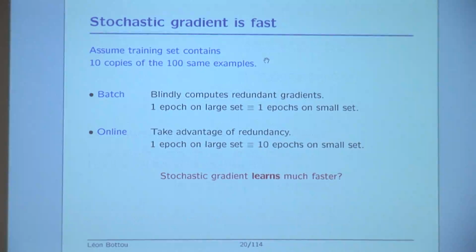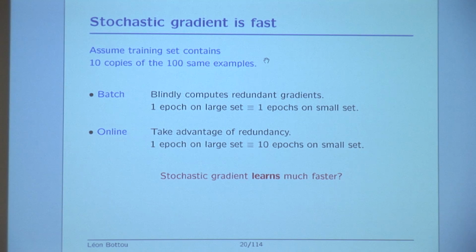Now, it's also fast. Suppose you have a training set that contains 10 copies of the same 100 examples. If you do batch, you're going to compute the gradient by going 10 times over the 100 examples. So you're going to do 10 times the work. An epoch, an iteration on this full set, is equivalent to an iteration over the set of 100 examples, because you get the same gradient, the same signal.